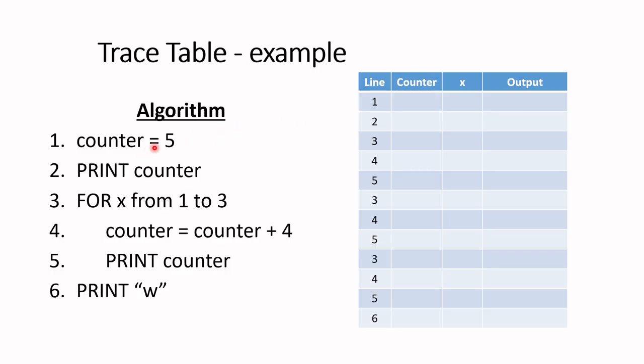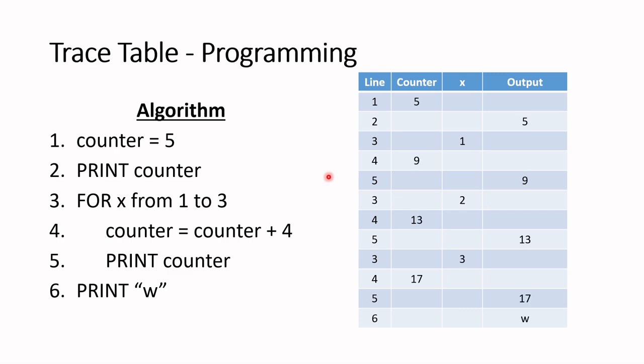Now, you can pause the video and see if you can complete the trace table based on the column headings that I put here and the lines that I've numbered from 1 to 6. So in the next slide, I'll show you the answer.